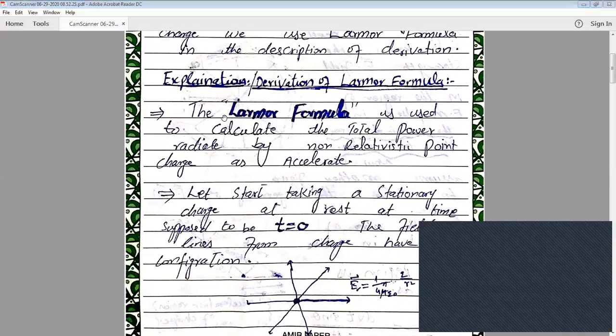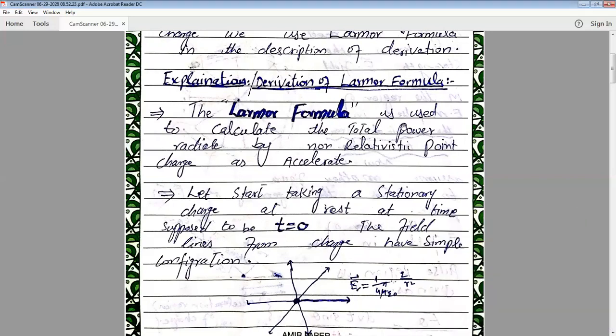The Larmor formula is used to calculate the total power radiated by a non-relativistic point charge as it accelerates. Non-relativistic means a charge which is not moving at a speed comparable to the speed of light, but at a much lesser speed than the speed of light.